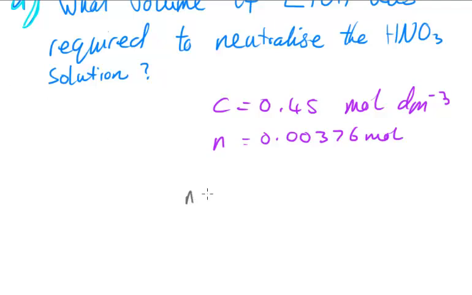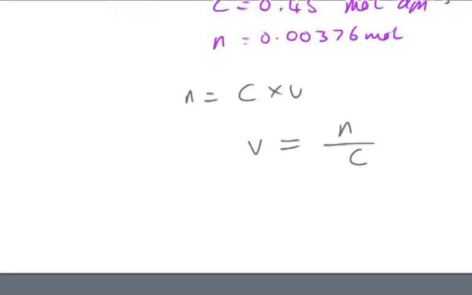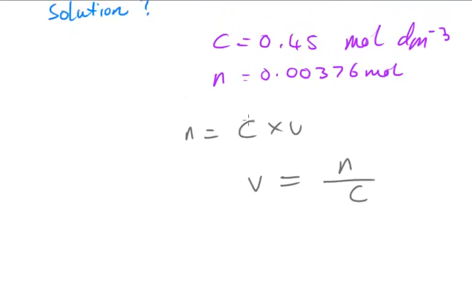And so now we can use these two values in the equation. Number of moles equals concentration times volume. But for this question, we'd need to rearrange it. If we rearrange this to make volume the subject, we need to divide the number of moles by the concentration. So volume is equal to the number of moles divided by the concentration. And since all of our values here are in the standard units, moles per dm cubed and moles, we don't need to do any dividing by 1000, multiplying by 1000 or anything.